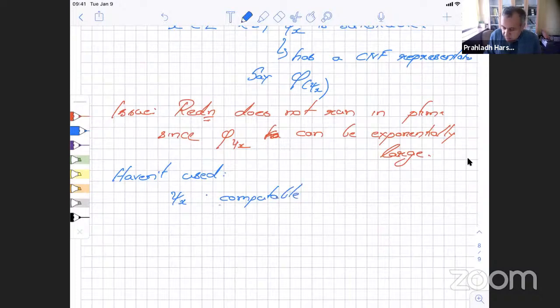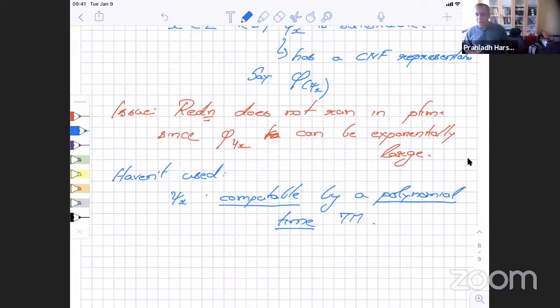Firstly, we haven't even used the fact it's computable by a machine. It could be any function for all that you know over here. And it's not just computable, but computable by a polynomial time Turing machine. We have not used either of these facts, and in the proof, we are going to use both of them.